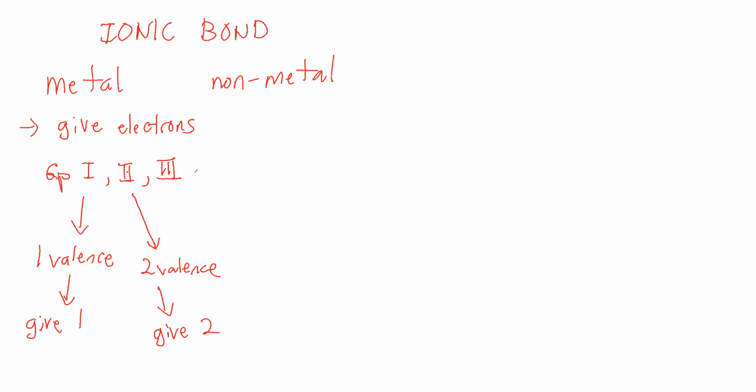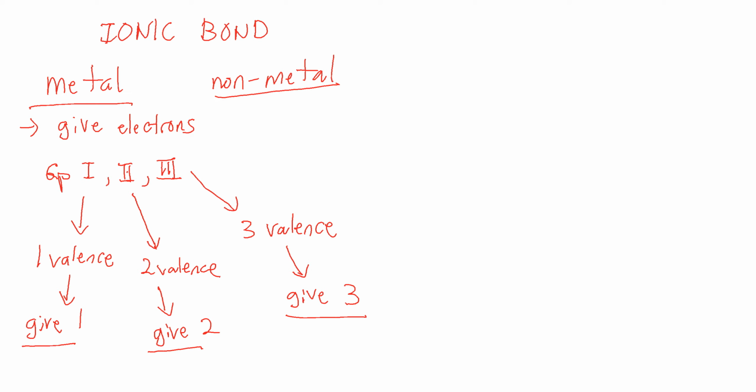Group 3 metals have three valence electrons, so the only way to become stable is to give away those three electrons. Now, as you can see, metals give electrons. What about non-metals?